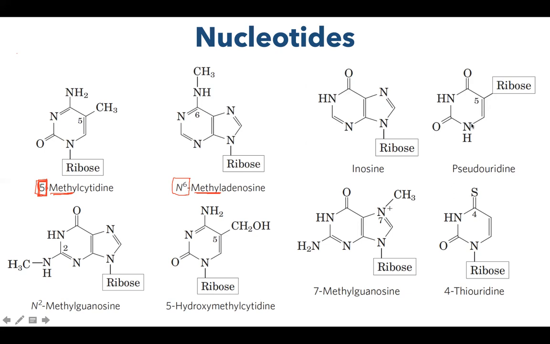I mentioned that your pyrimidines are attached via nitrogen 1, which is this nitrogen. But this one is attached via carbon 5 to the ribose sugar. So these are just some of the less common nitrogenous bases that you can find in your nucleic acids.